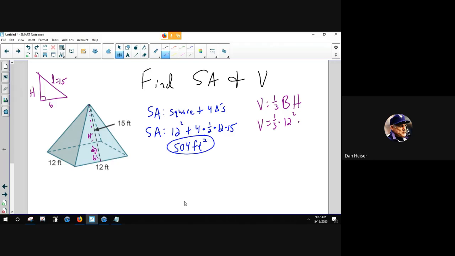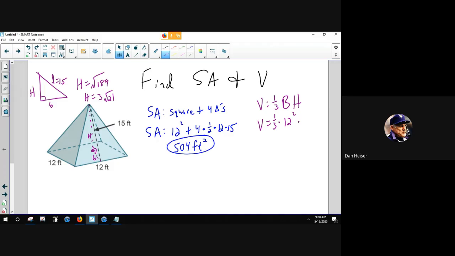We get that capital H is the square root of 189, and that breaks down to 3 square root of 21.